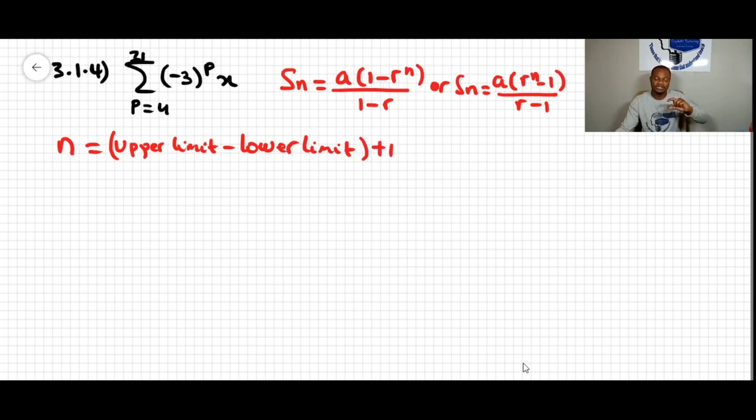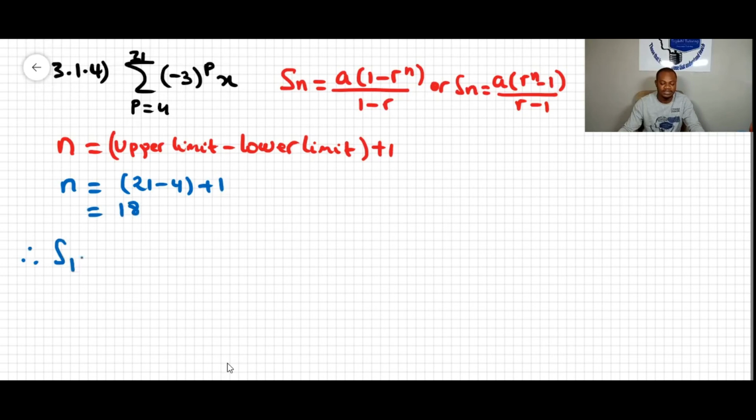Plus 1 because the lower limit is inclusive. It's always like that. So n here will be 21 minus 4 plus 1, which makes n equal to 18. So basically, we're calculating S18, because there are 18 terms here.